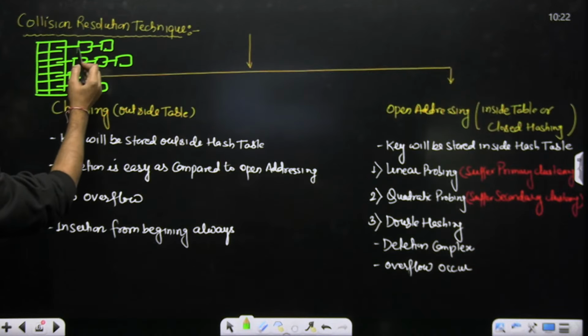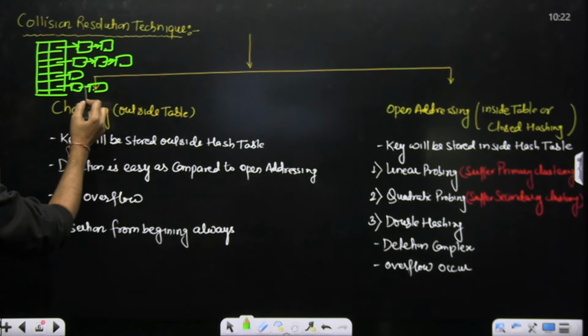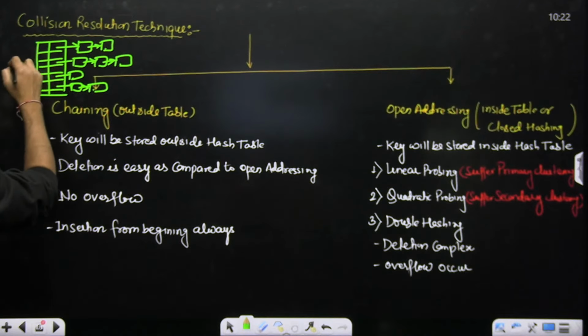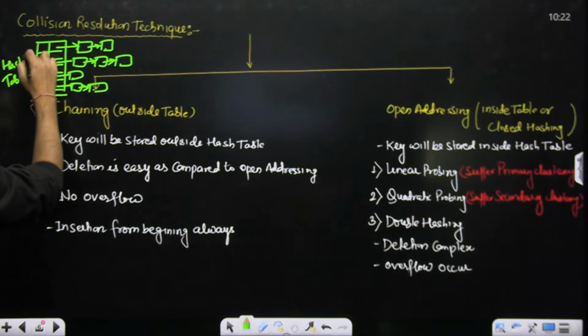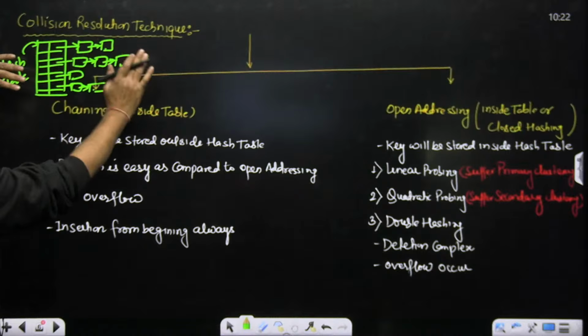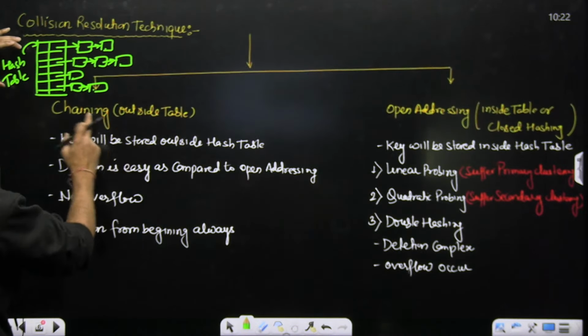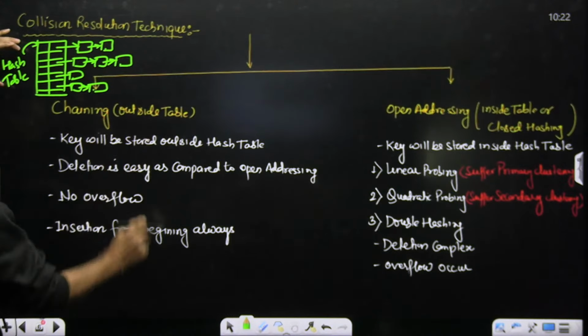We will use data outside of this hash table, in the form of a linked list, bache. So that's why this is known as chain. But in chaining, it is outside of the hash table.